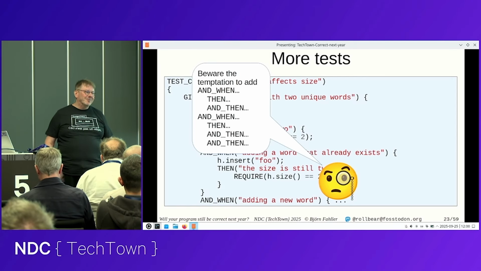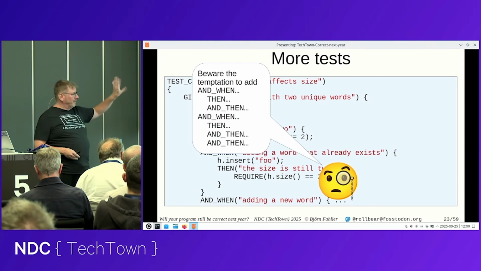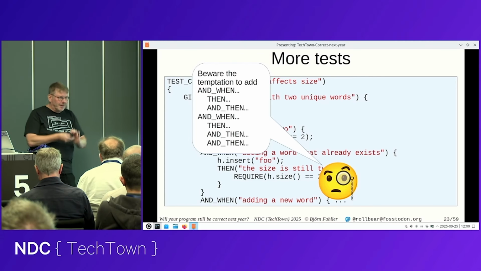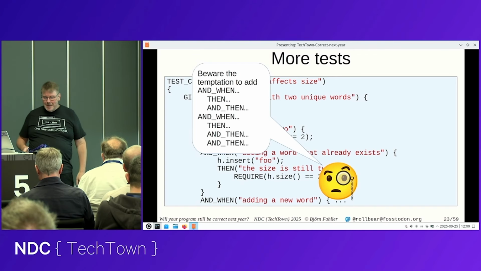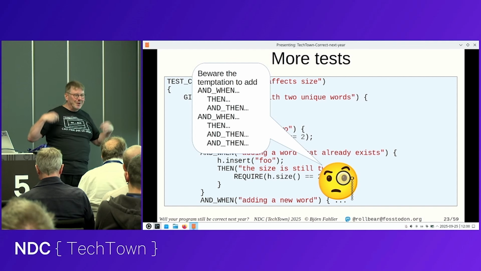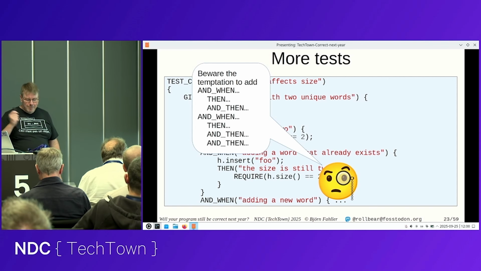Restrain yourself. Have 3 or 4 variations around a common starting point. That is fine. Don't let this grow too much. This is not a technical problem. This is a human problem with how our minds work. So be aware of that.